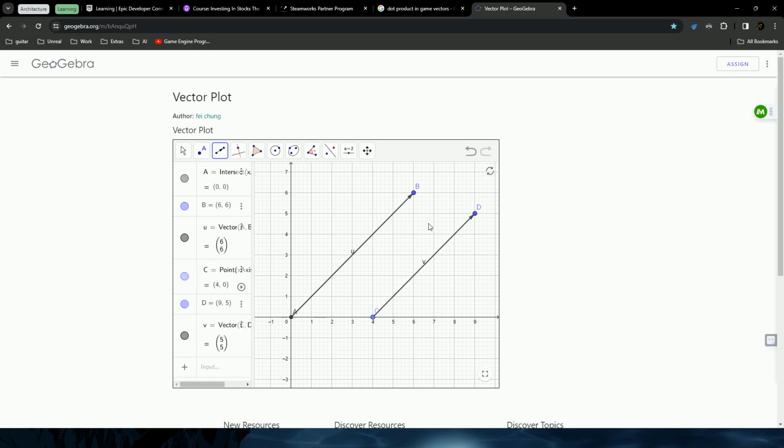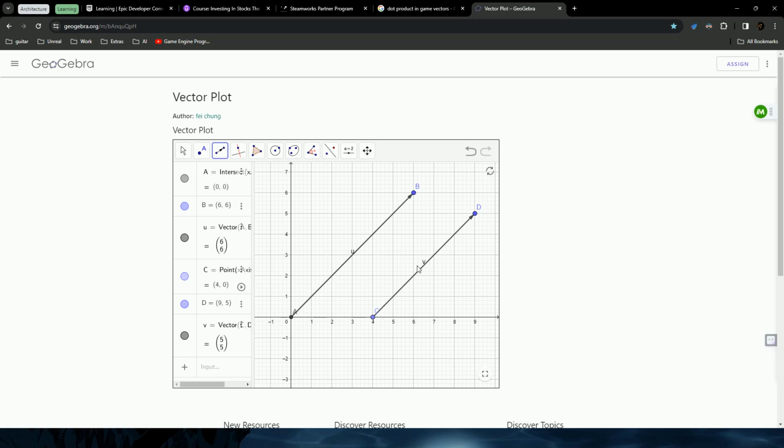Right now these two vectors are exactly the same, except for the direction. They are parallel. And whenever vectors are pointing in the same direction, if we calculate the dot product of these two vectors u and v, the result will be 1. And 1 means the vectors are pointing in the same direction.